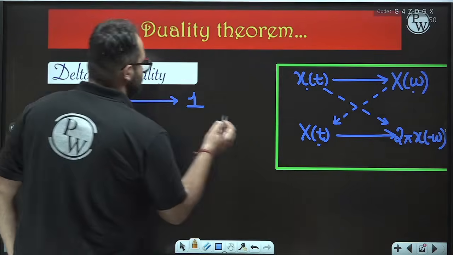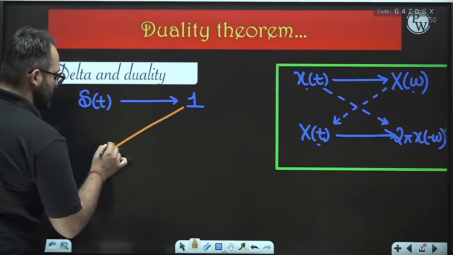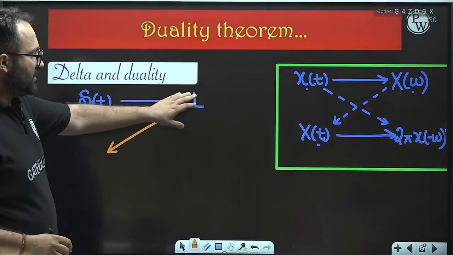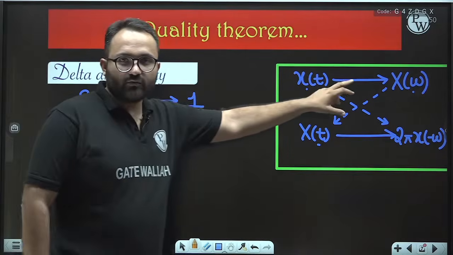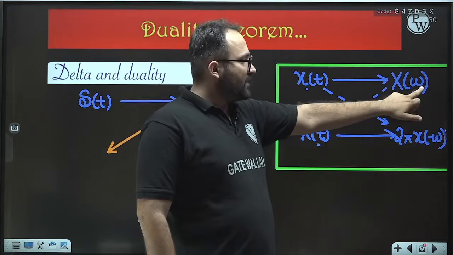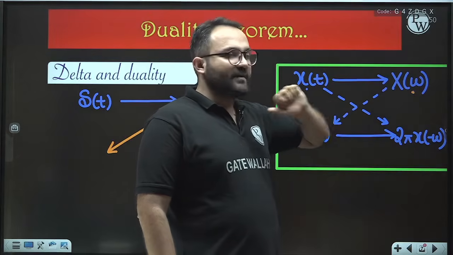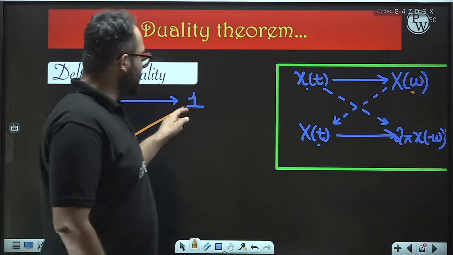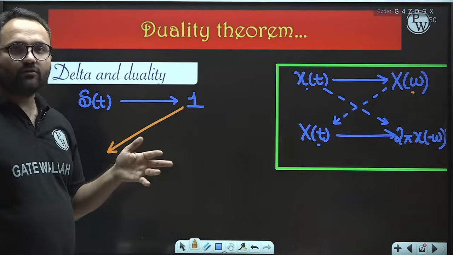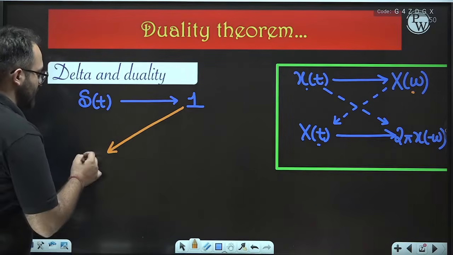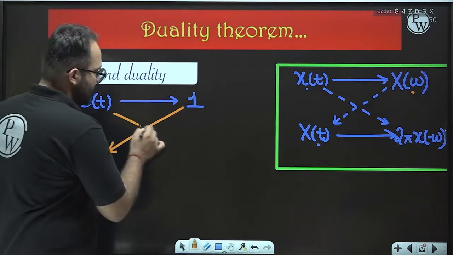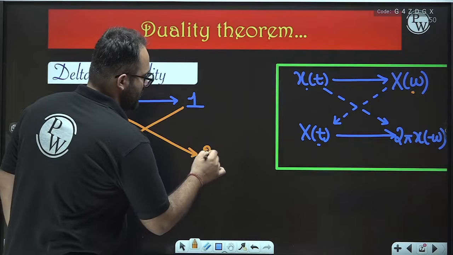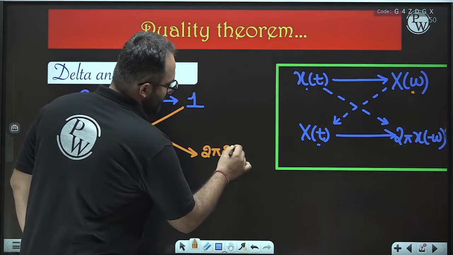Now for 1, we apply the Fourier duality. Duality says that in this expression replace omega by t. In this expression we don't have any omega, so directly it will come here as 1, and delta t will become 2 pi del minus omega.